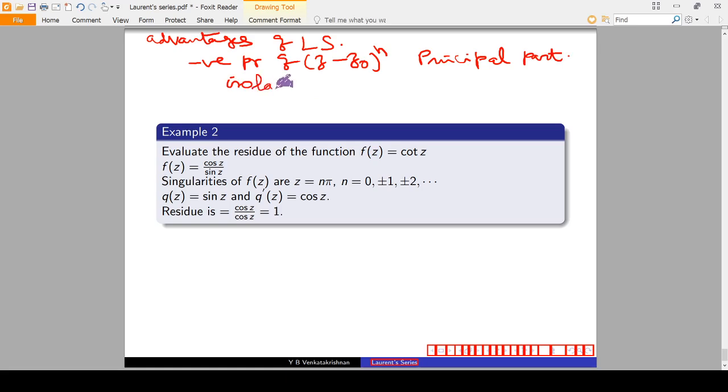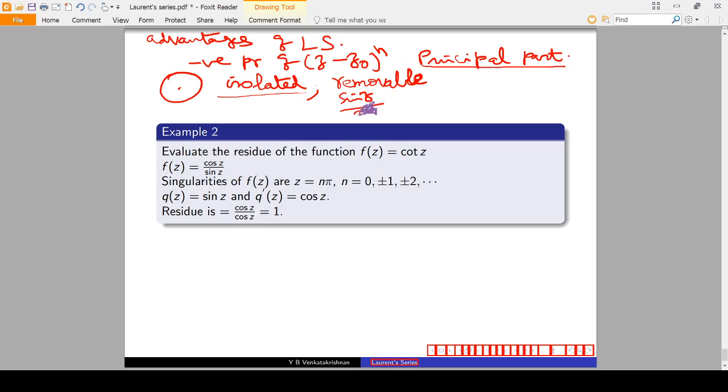We discussed what is meant by an isolated singularity, that is, in a particular region only one point does not have its derivative and all the neighboring points have derivative or are analytic, then that type of singularity is called an isolated singularity. The next singularity we discussed was removable singularity. What is meant by removable singularity? If it does not contain any terms in the principal part, then you call it a removable singularity.